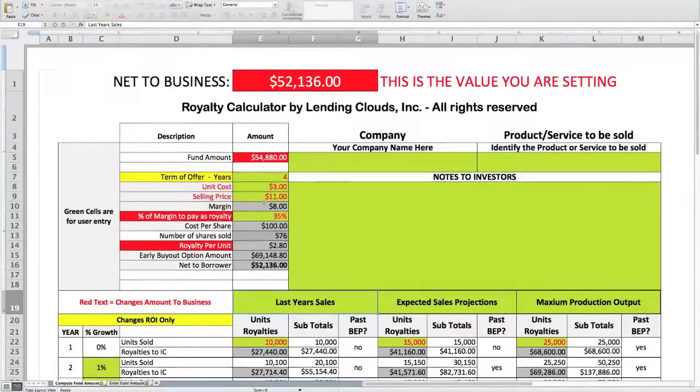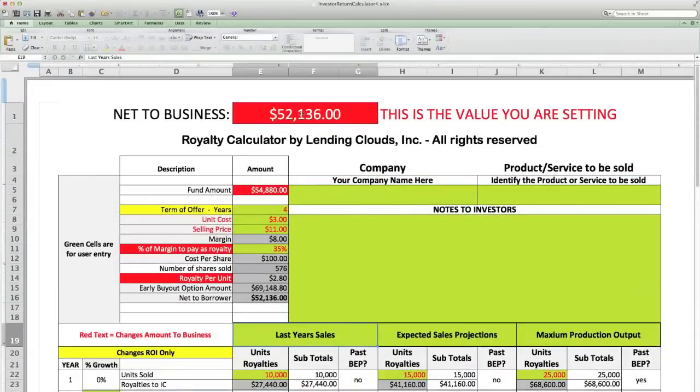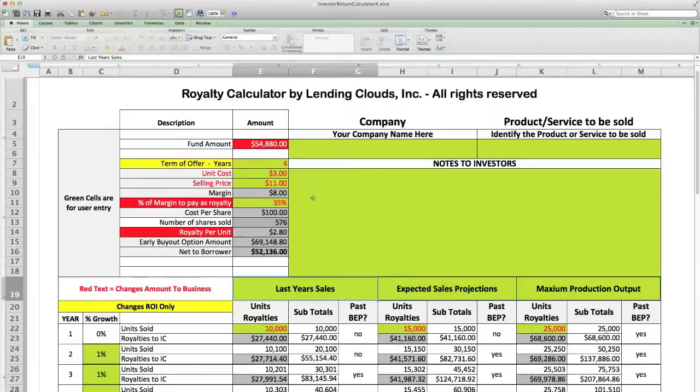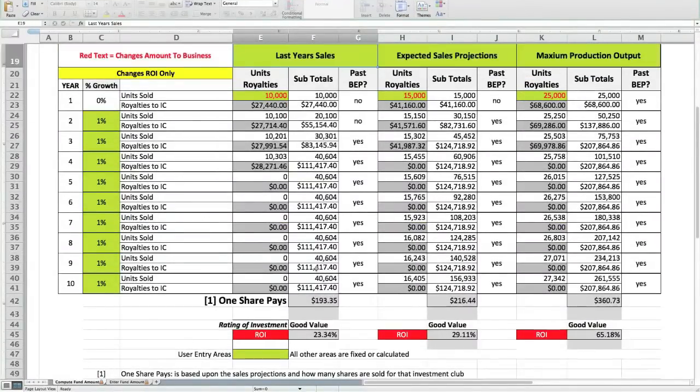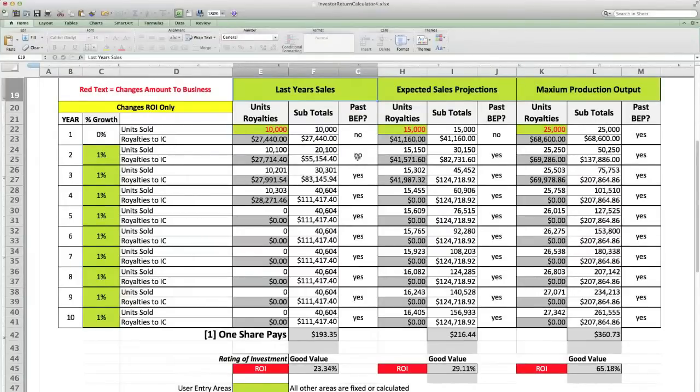If I do these numbers right here, the net to the business is $52,000, which is after fees. Now let's look and see what's happened to the royalty. It looks fine. So what we're saying is this is the point in time in which the investor gets a full return on their initial investment.